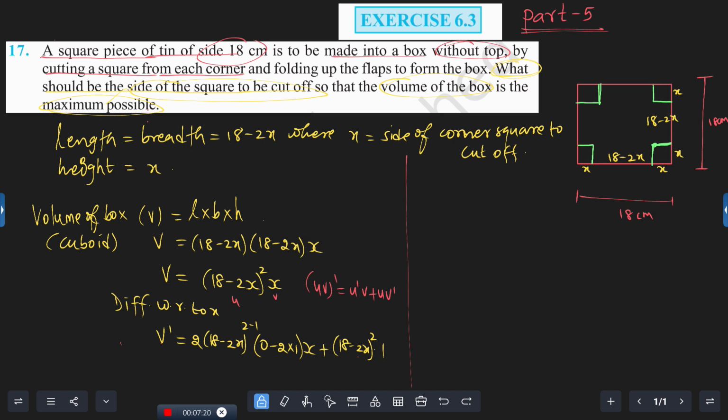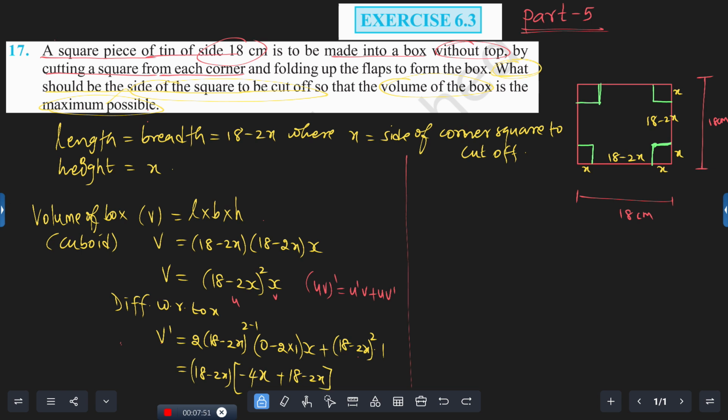Before that, 18 minus 2x is common and you can take it outside. Then 2 minus 1 is 1, that 1 I have taken outside. Then minus 2 into 2 is minus 4, and with x that is minus 4x, plus from this 18 minus 2x, one I have taken, then one more 18 minus 2x will be there inside. I hope you understand this.